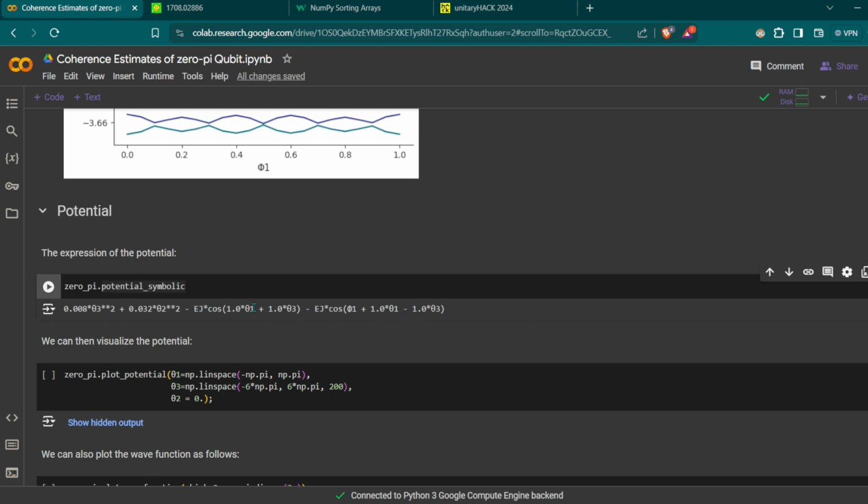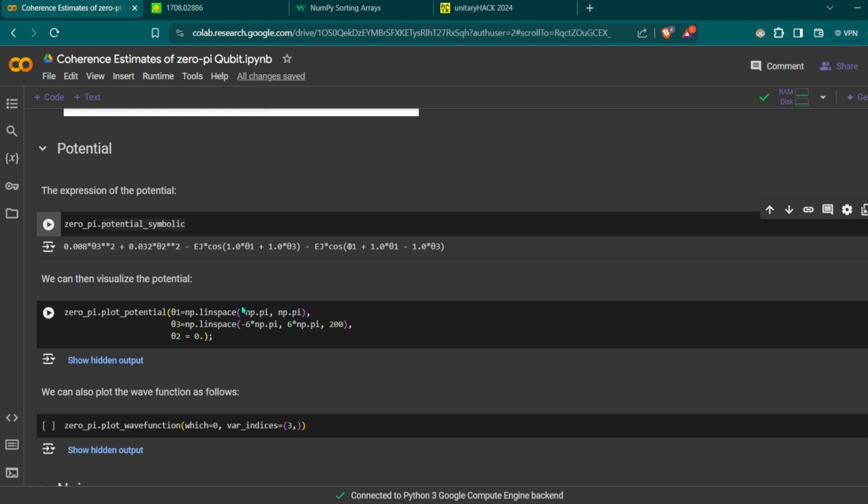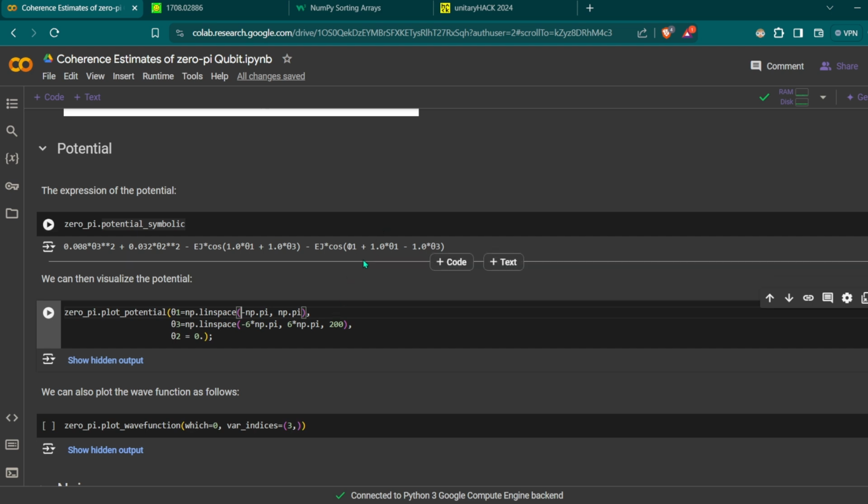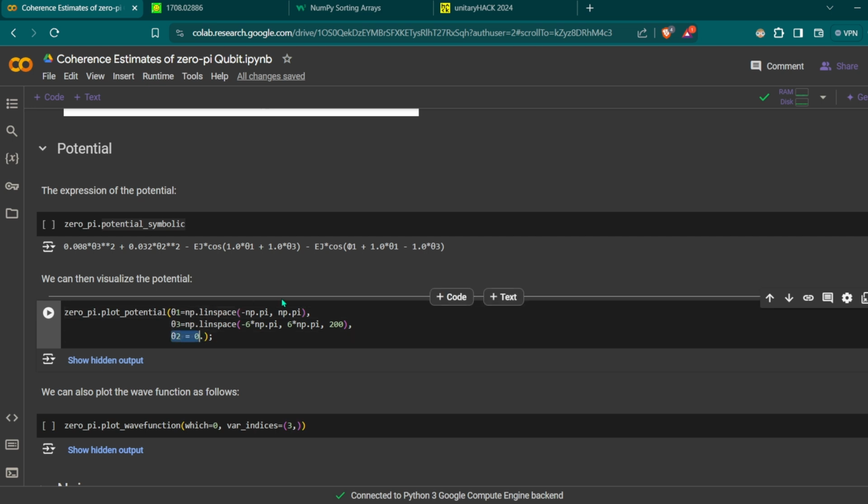And we can visualize the potential using theta1, theta2, and theta3. So what are these theta1, theta2, theta3? They are basically the degrees of freedom which are going to be used to represent the potential. And we have set the value of theta2 equal to 0, so that we get only a two-dimensional plot.